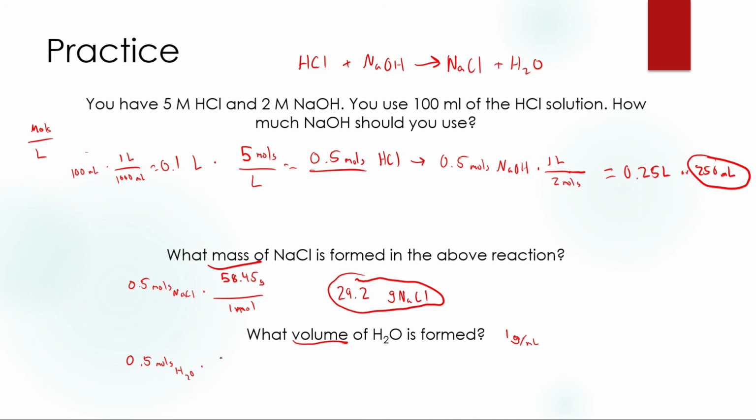Molar mass of water is 18 grams per mole, so we're left with 9 grams of H2O, and for every gram we have 1 milliliter, so times 1 milliliter per 1 gram, which gives us a total of 9 milliliters of H2O.